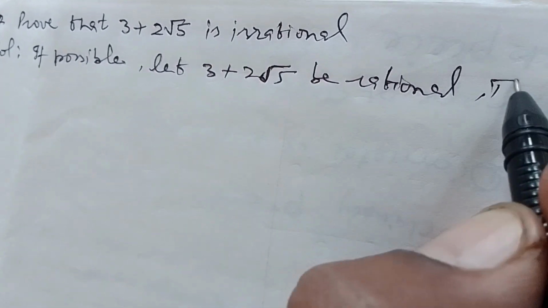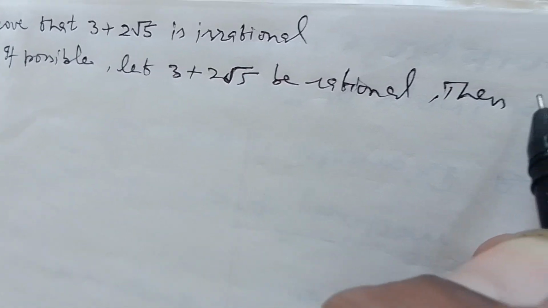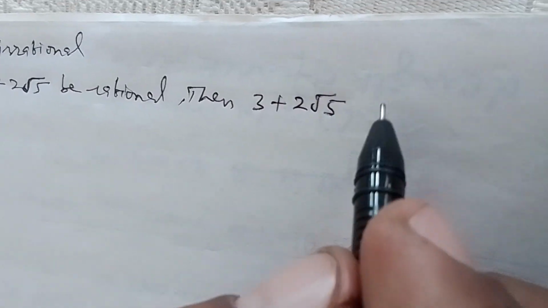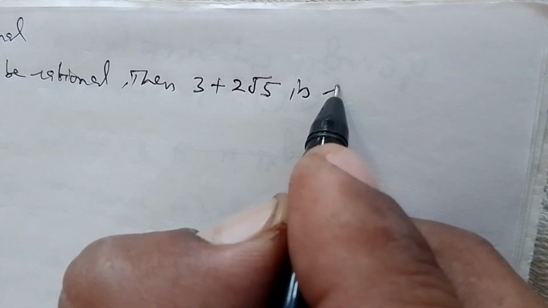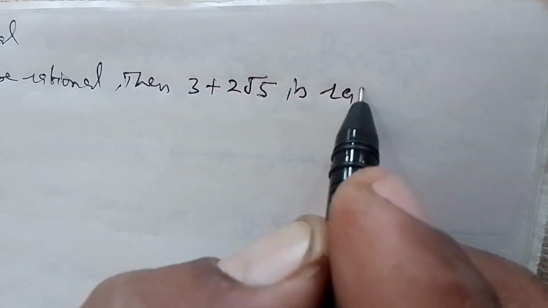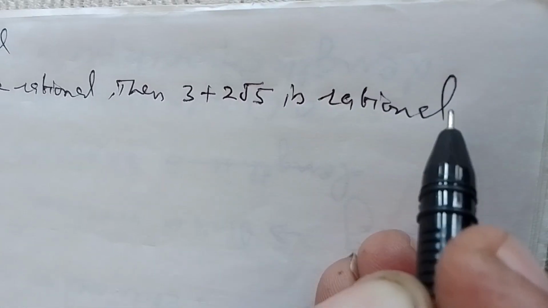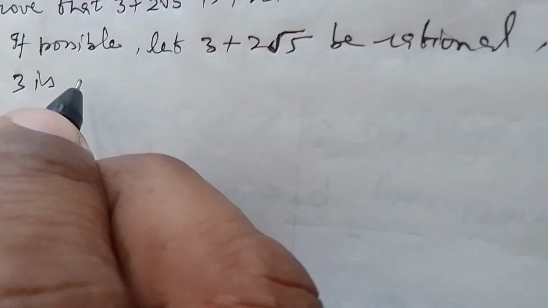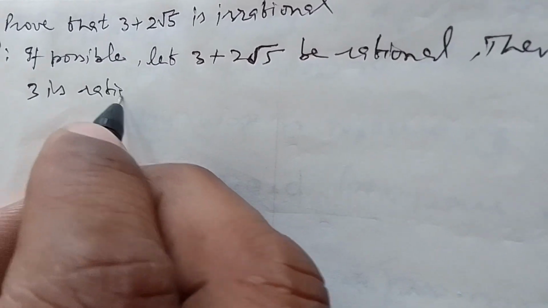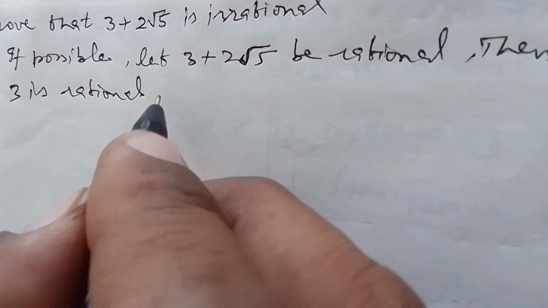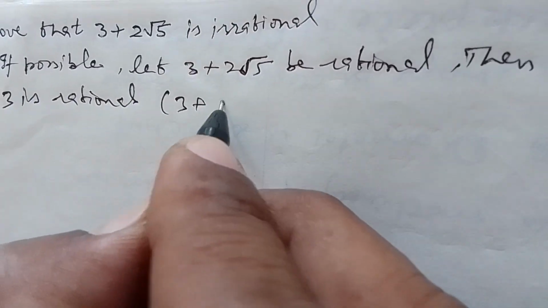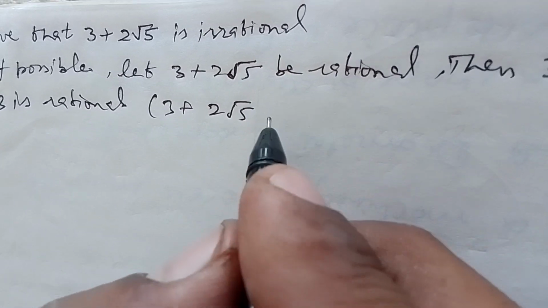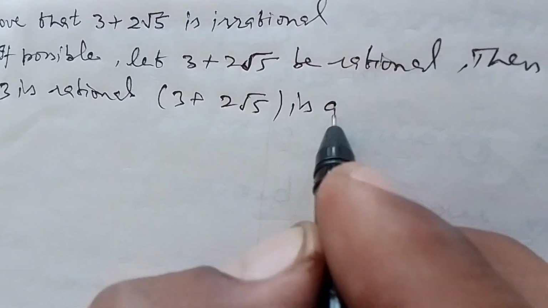Then 3 plus 2 root 5 is rational. 3 is rational. 3 plus 2 root 5 is rational.